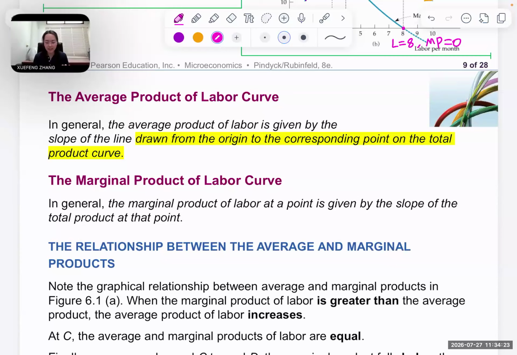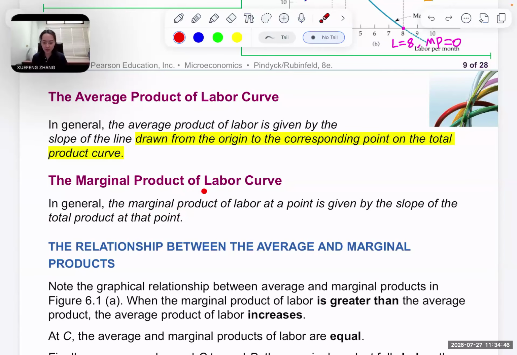Okay, let me repeat again. Average product at any point is the slope of the line from the origin to that point on the total product curve. But marginal product at any point is the slope of the tangent line at the point on the total product curve.